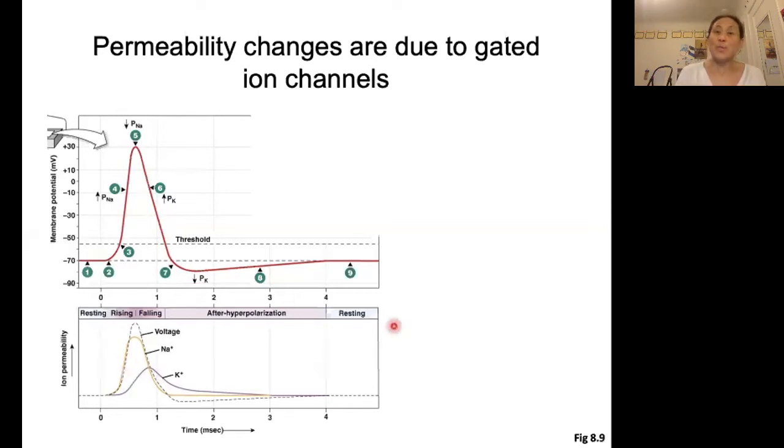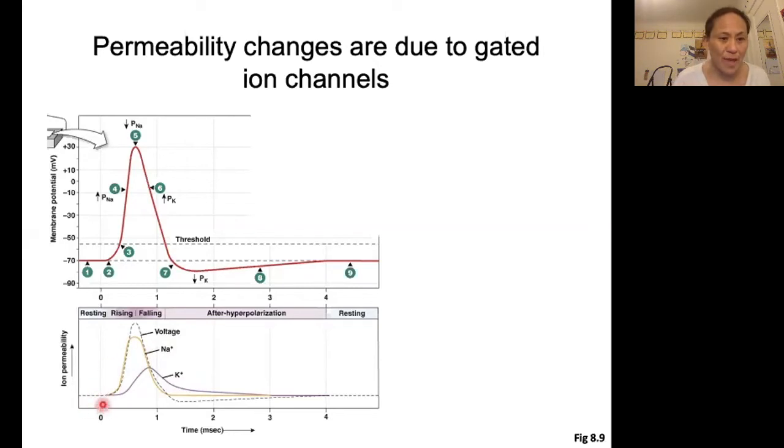I would like to draw your attention to this plot right here, which shows the membrane voltage, the membrane potential, in this dotted line, okay? And what you can see overlaid on that is the permeability of the membrane to sodium and potassium during the course of the action potential, right?